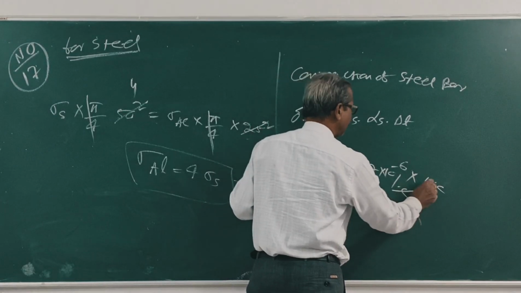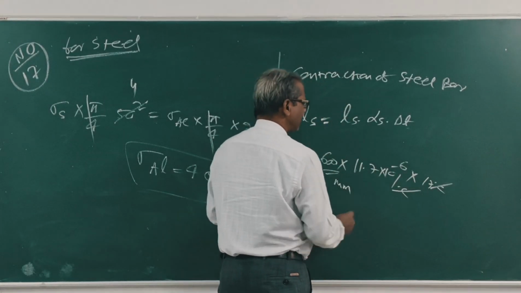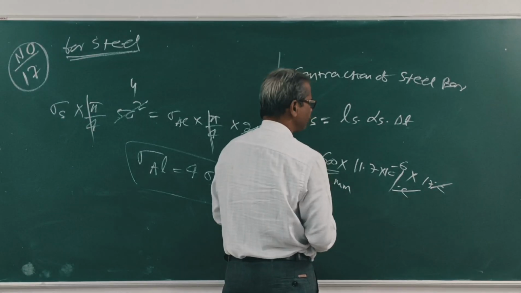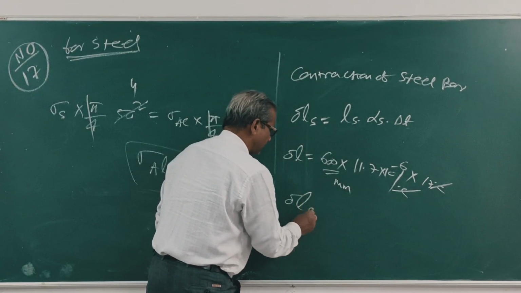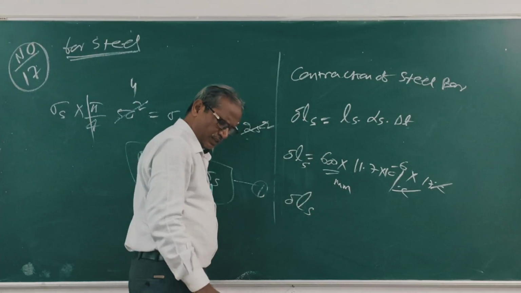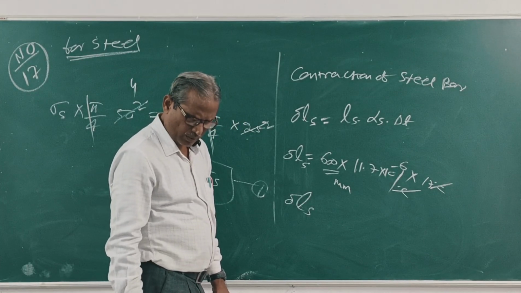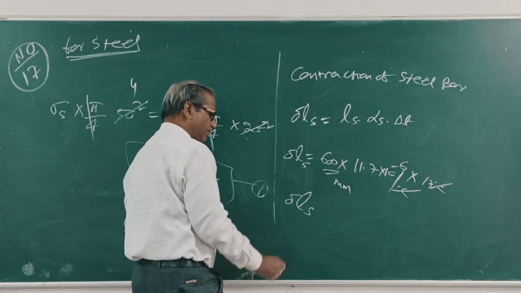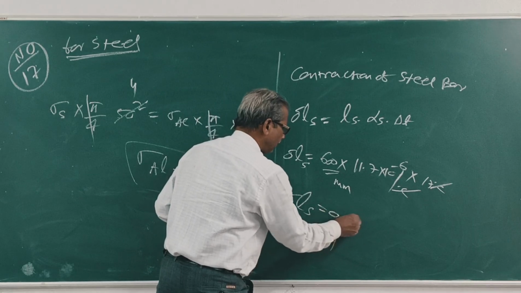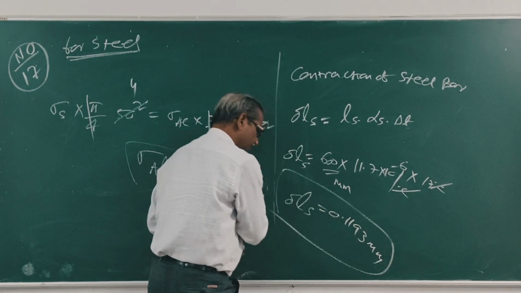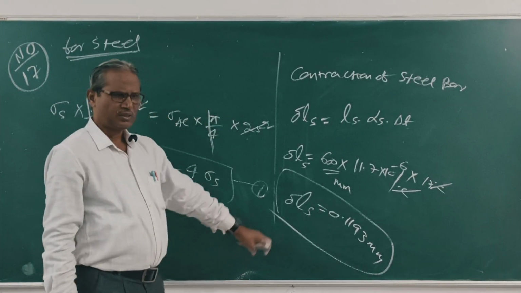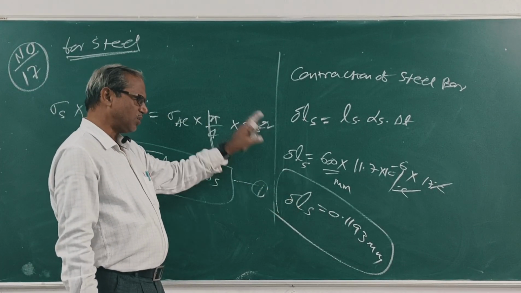So degree centigrade cancels. The answer is in mm. Right? The delta S becomes 0.1193 mm. Right? This is contraction for steel bar.